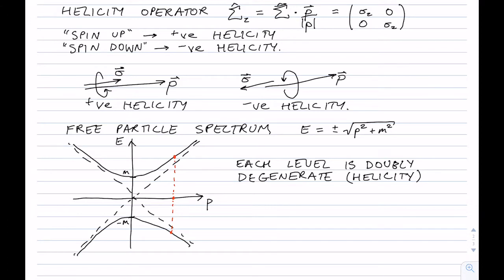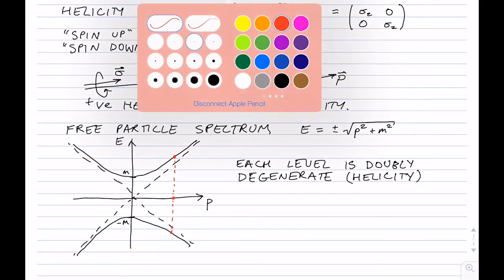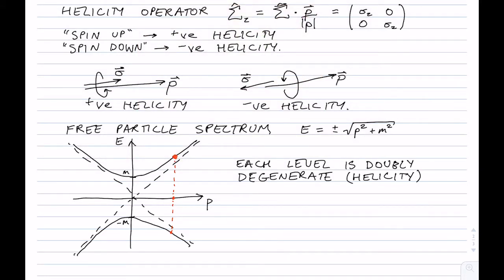So for this point here, there can be spin aligned like that or anti-aligned like this. So that's 2 points effectively at each of these. Here the spin could be aligned or anti-aligned. That's what it looks like in momentum space.